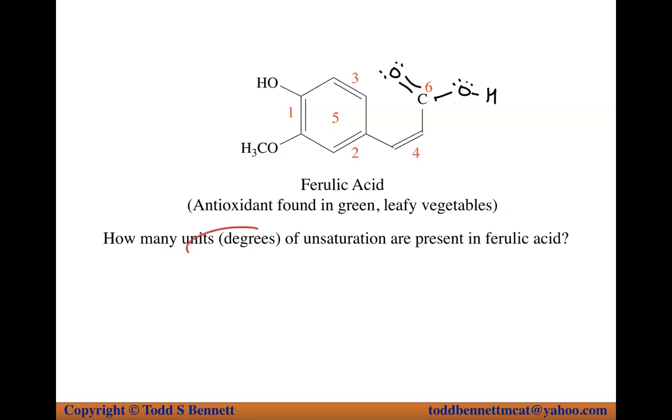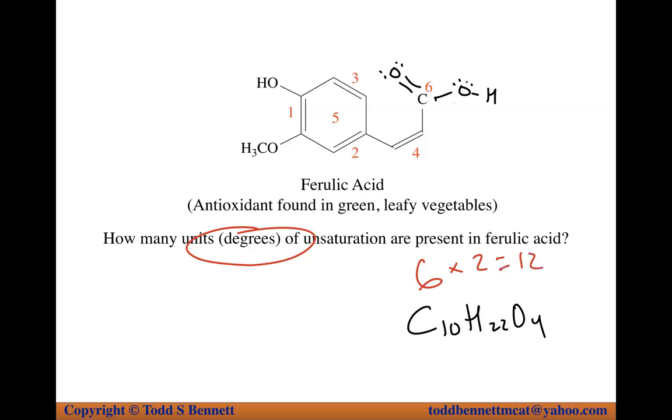How many units of saturation in this one? 6. So if I want to do the formula, just because I seem to be enjoying that, 6 carbons, 7, 8, 9, 10 carbons. So this will be C10, H22, and 1, 2, 3, 4 O's. Sounds good, except I have 6 units of saturation. 6 times 2 is 12.